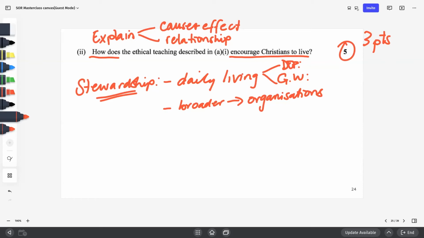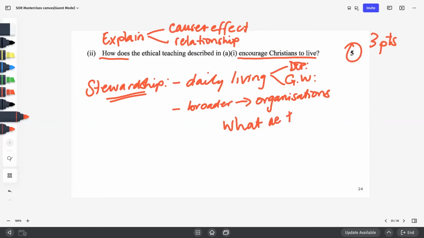Then if you've looked up an organisation to do with stewardship, I know in Islam, a lot of the kids look up Green Muslim, for example, but you wouldn't do that here, obviously, it's Christianity. But what are the work of organisations? So what are they doing?